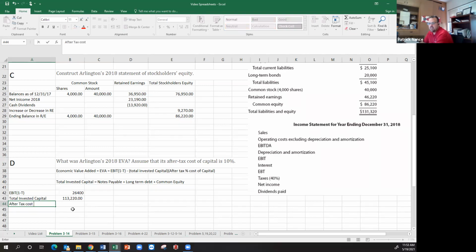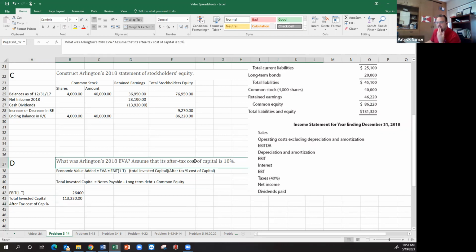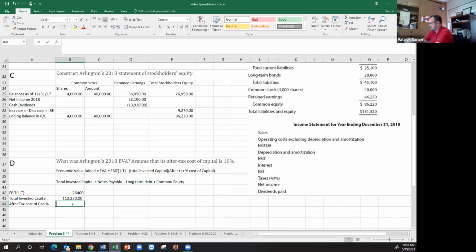So now I have to find my after-tax cost of capital percentage, and that is given in the problem. After-tax cost of capital percentage is 10%. So now I just have to basically fill out the formula.